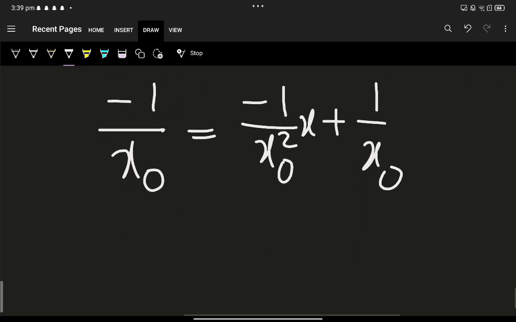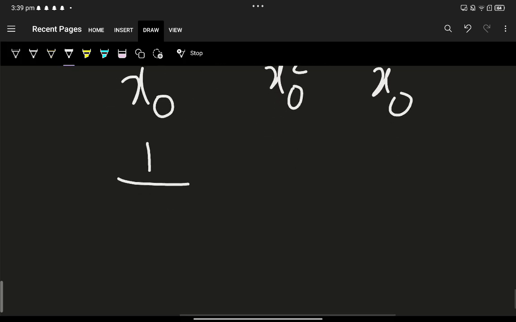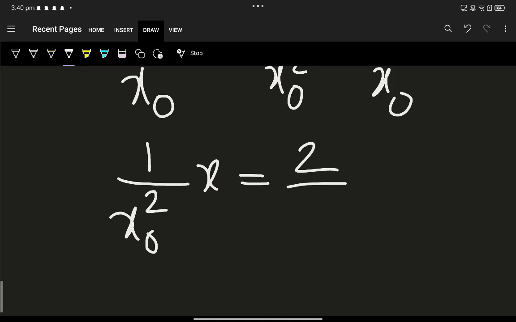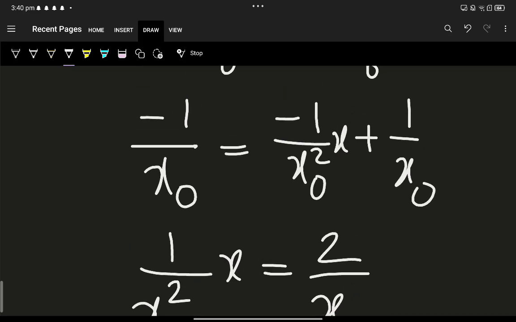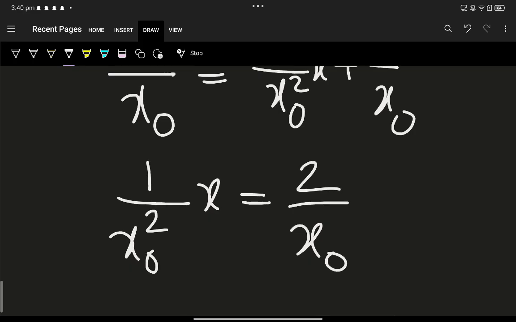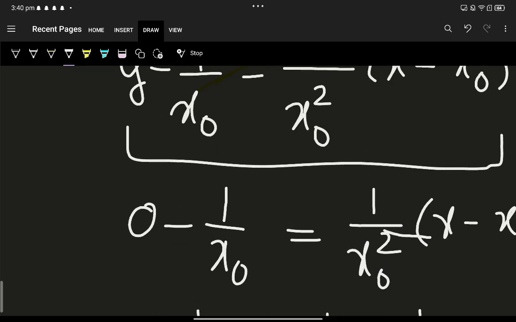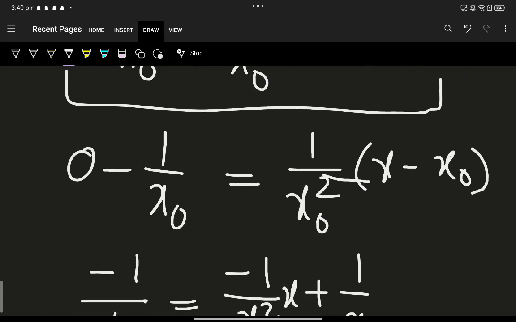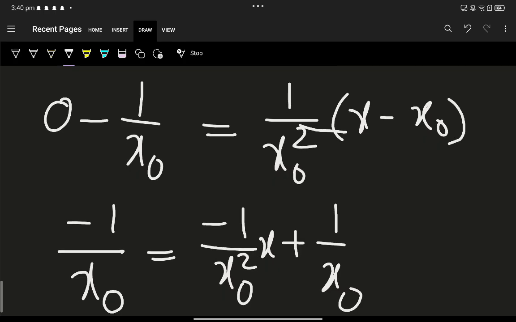1 by x naught, again 1 by x naught square into x will be 2 upon x naught, right? 0 minus 1 upon x naught will be equal to minus 1 by x naught square, minus 1 x naught square into x minus x naught, that will be equal to minus x plus 1 x naught square, okay, something like this.